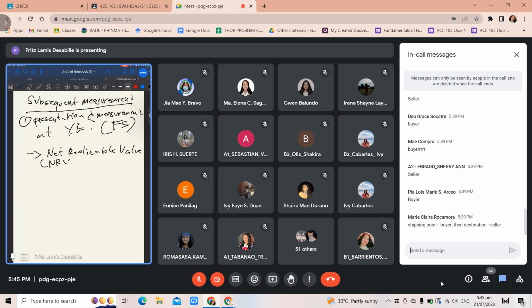Kung Bisaya una to guys ang net realizable value, when we say realizable, collectible. So basically, we measure accounts receivable subsequently on how much we expect to collect from the customers.